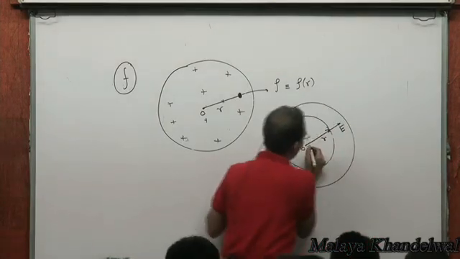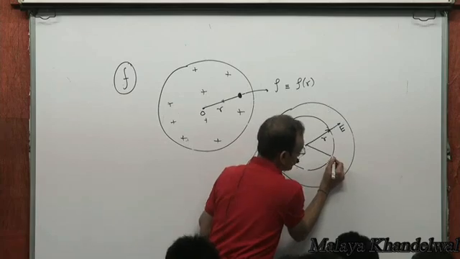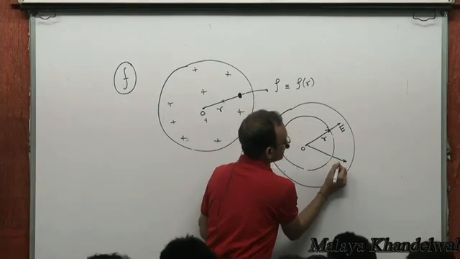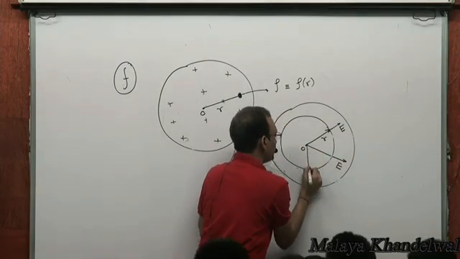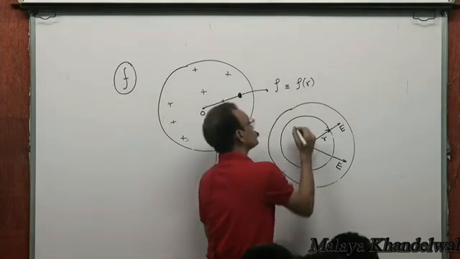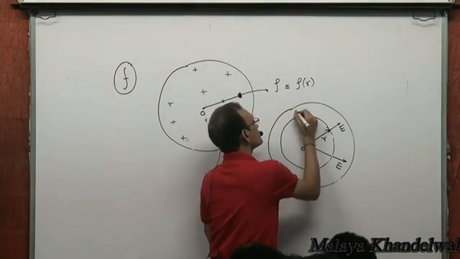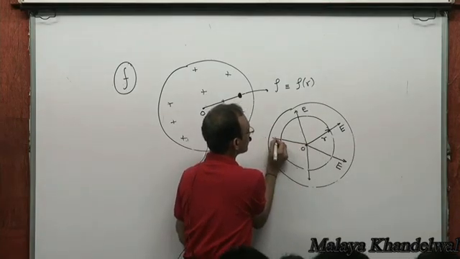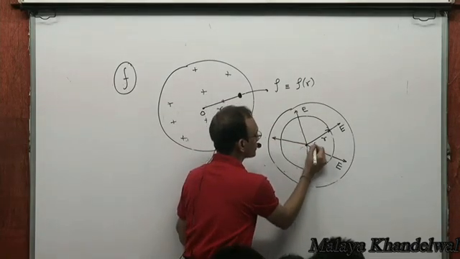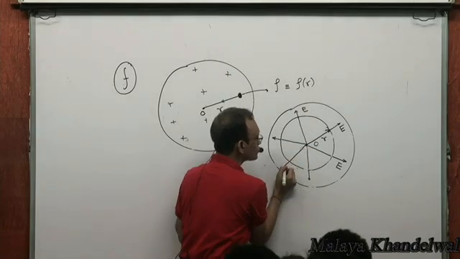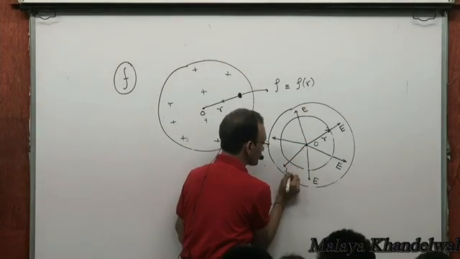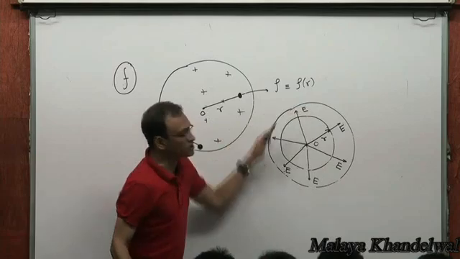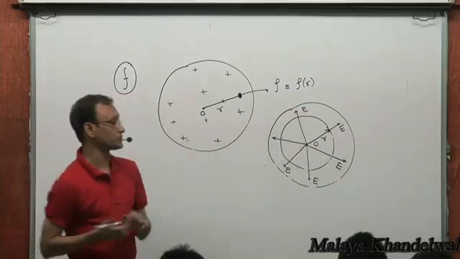E is numerically the same because that's given. Because of symmetry considerations, E would be radially outwards on this chosen spherical surface. Yes or no? This is my Gaussian surface.